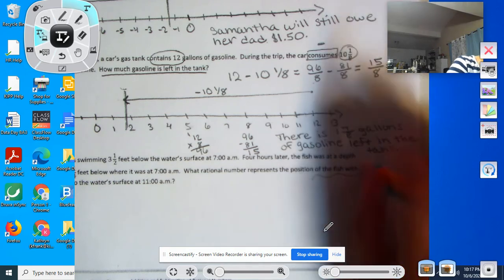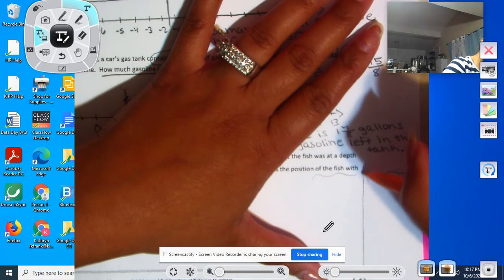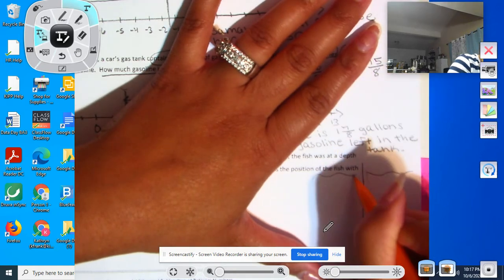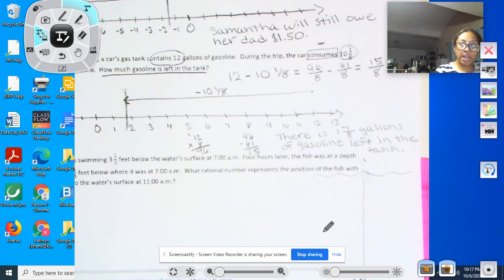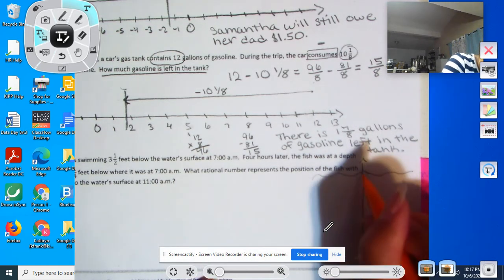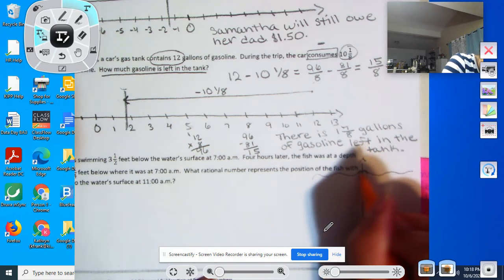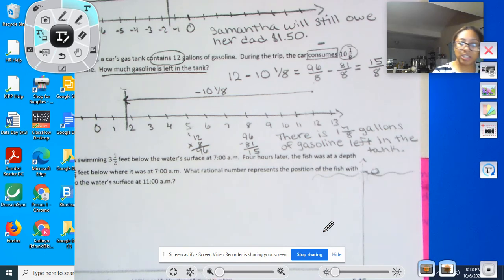And you know what, I'm going to extend this number line maybe above water as well. Okay, so I've got my number line and I've got my water drawn, right? So right here where the water is represents 0, okay? Because that's the surface of the water.